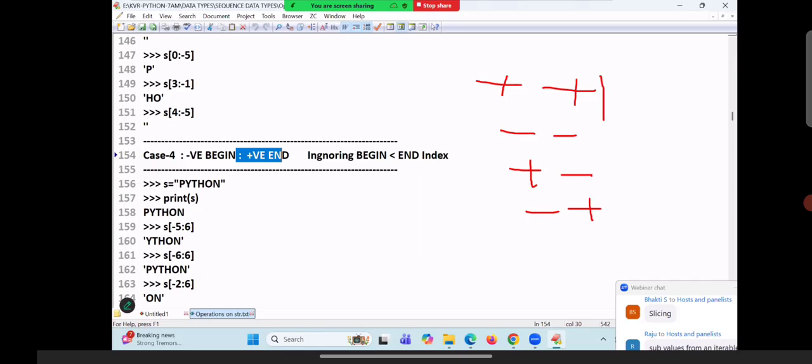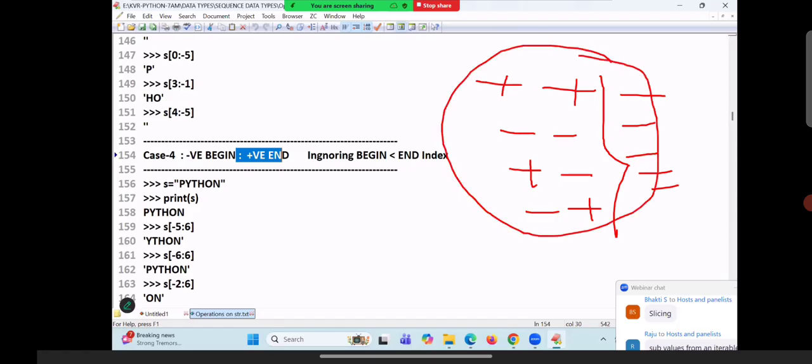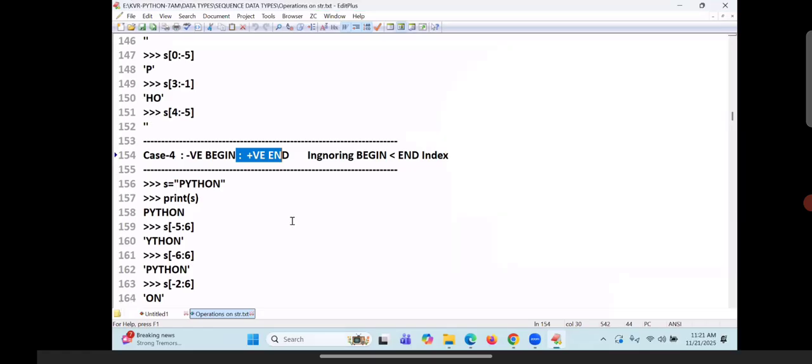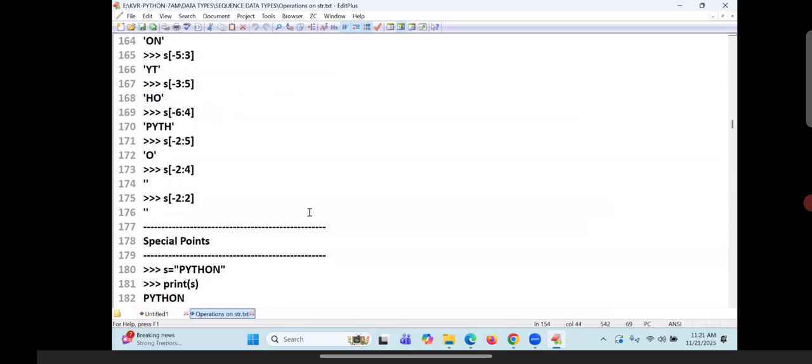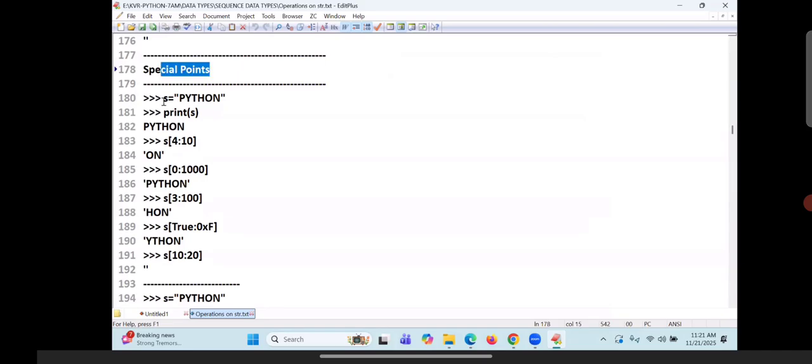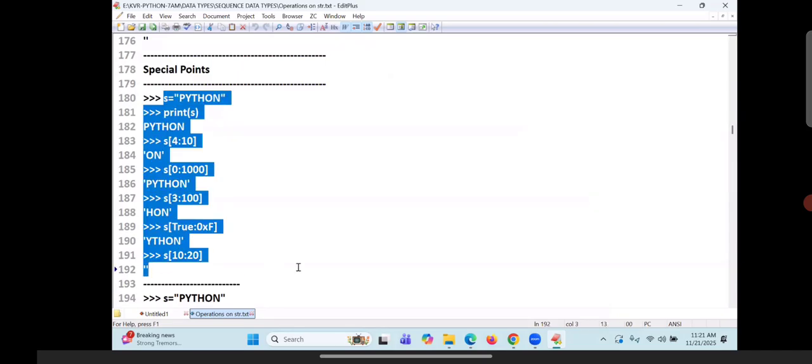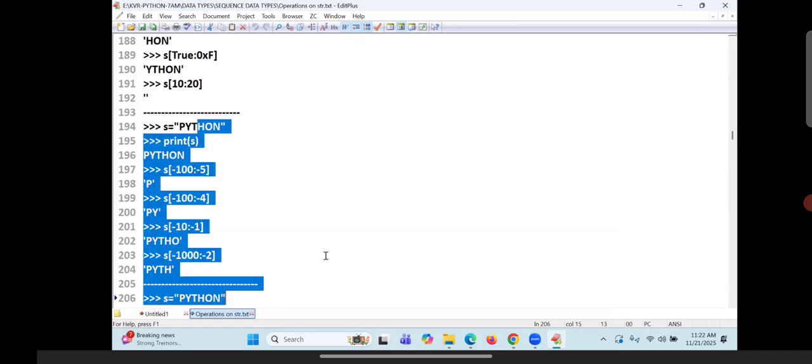When you go for any Amazon, Flipkart, or PayPal interviews, these questions are compulsory. The big companies give more questions on this kind of indexing mechanism. This is the 4th case under the first syntax. Under that, special points are also there.